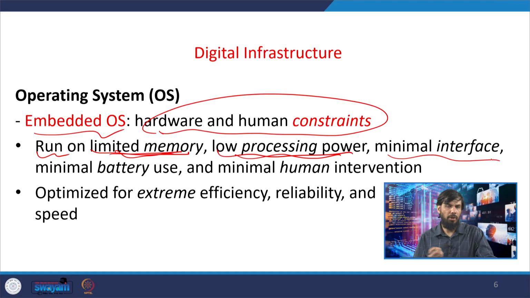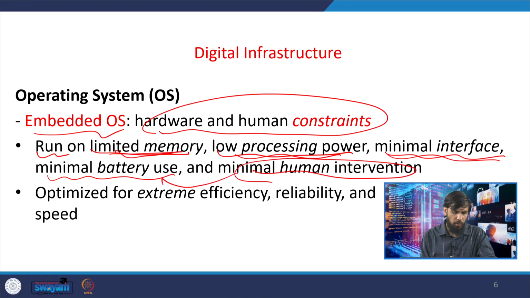Then minimal interface: what you see on the display is the functionality that you can operate. And minimal battery use, so that you don't have to change the battery again and again, because there is a minimal human intervention angle also. You don't want the human to be involved again. So with minimal battery use, this embedded OS would be able to function.